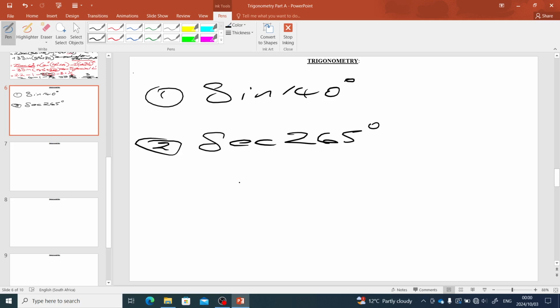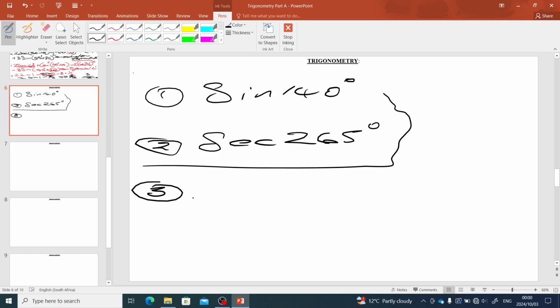They are saying express each of the following in terms of functions of a positive acute angle. That's what you need to do on these two sums that I gave you. Then do this one as well as a way of practice. Tan of negative 225 degrees.